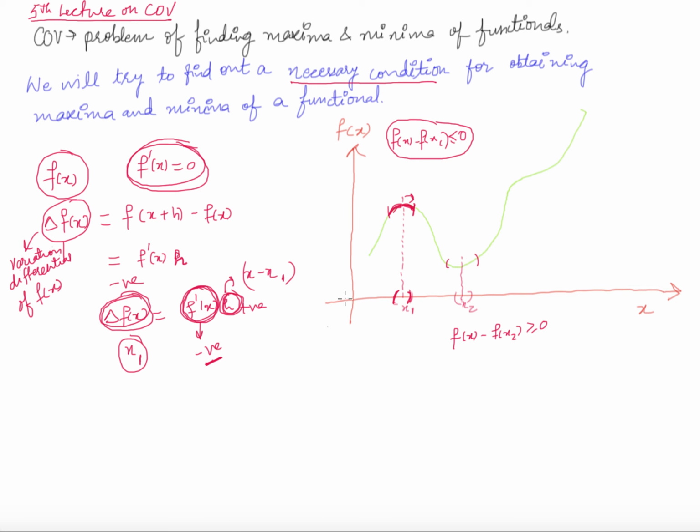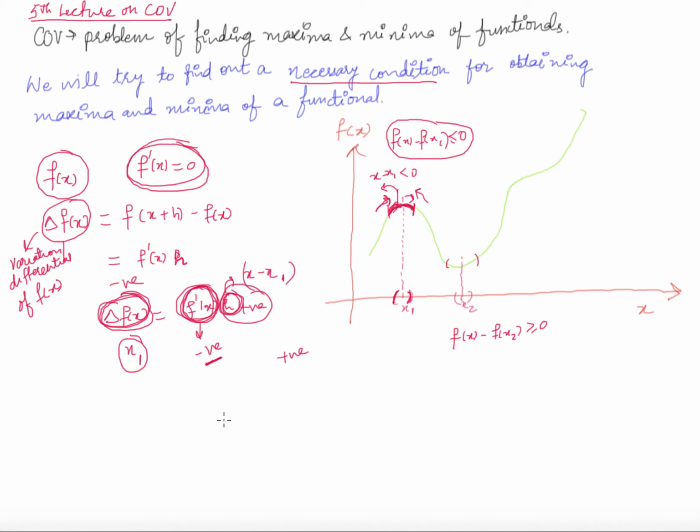But on the left hand side, you have x minus x1 negative, because x is less than x1. So there you have the variation negative and h negative, so the derivative has to be positive. So what you are saying is that the left derivative is negative and the right derivative is positive, but if your function is differentiable at the point x1, there has to be a unique derivative, right?